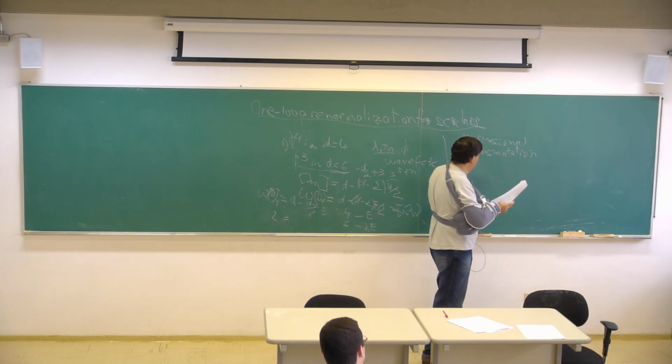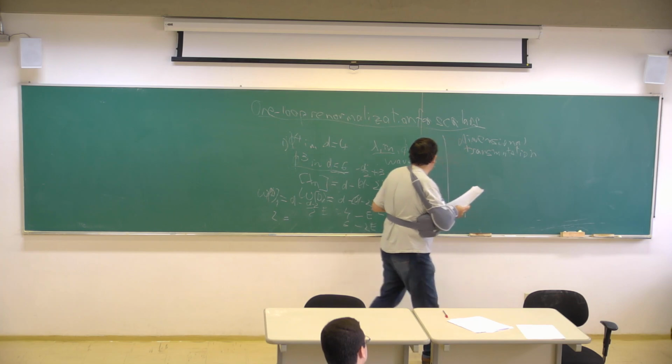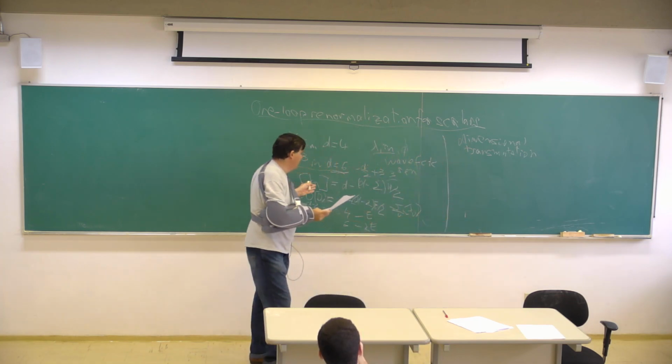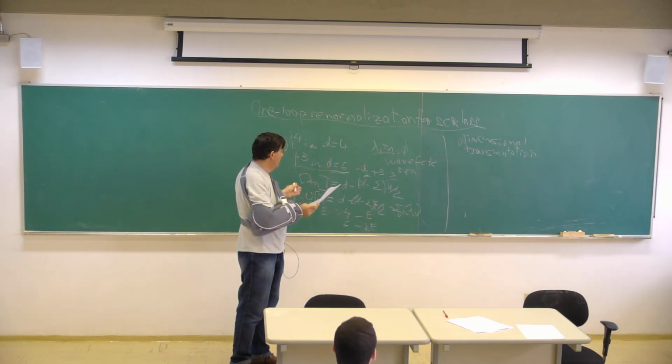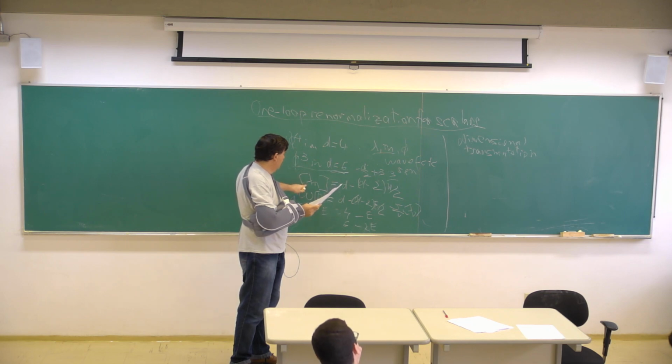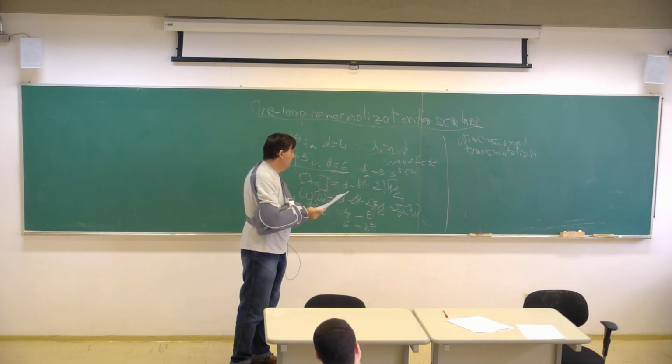Now, in the case of dimensional regularization, as we've seen, if the dimension is not 4, it's 4 plus epsilon, then the dimension of lambda 4 is not 0.